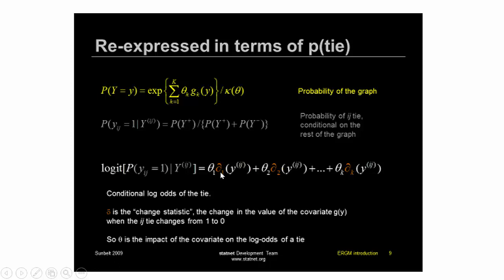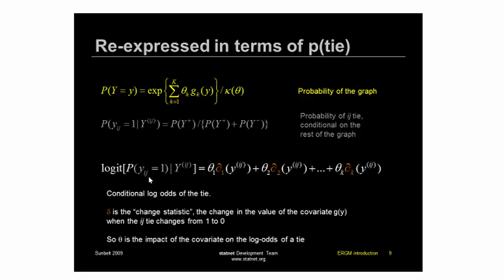The deltas are the change in the count of the microconfigurations due to adding a particular tie to the network. So if you added a tie from i to j, so it went from a 0 to a 1, how much change would that be in the number of transitive triples?